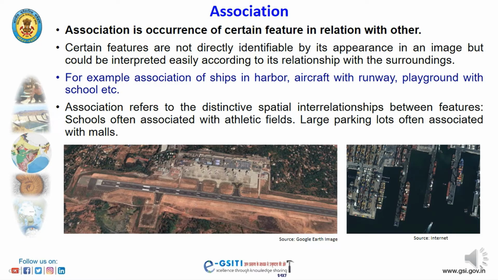For example, association of a ship in a harbor, aircraft with runway, playground associated with school. Association refers to the distinctive spatial interrelationship between features. Schools are often associated with athletic fields, large parking lots often associated with malls and buildings.